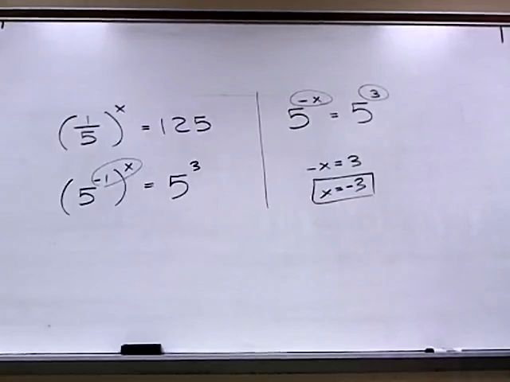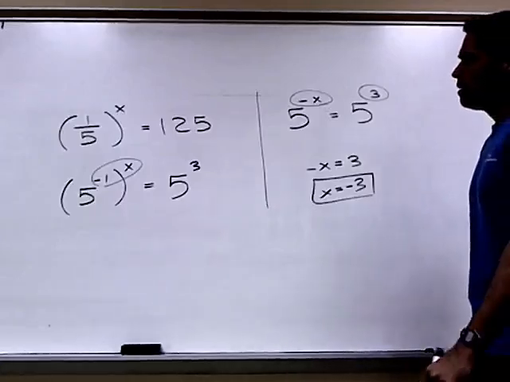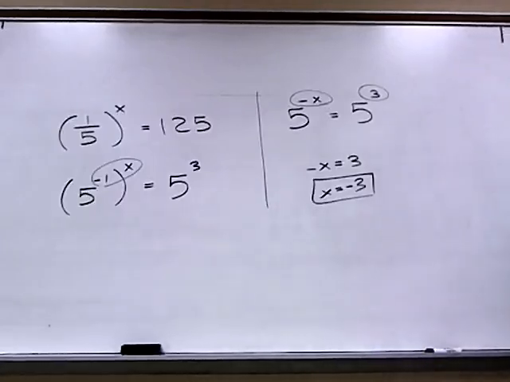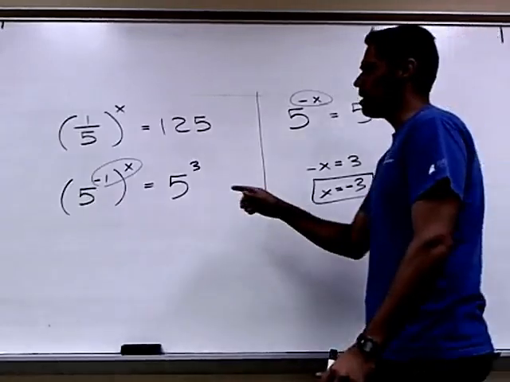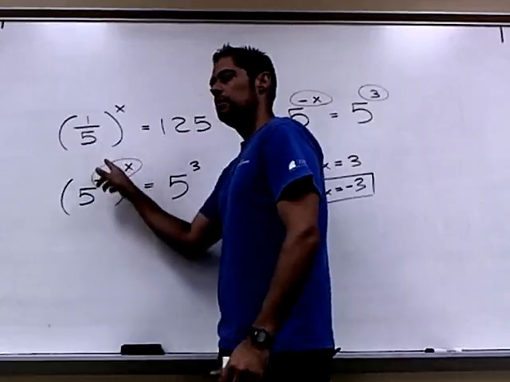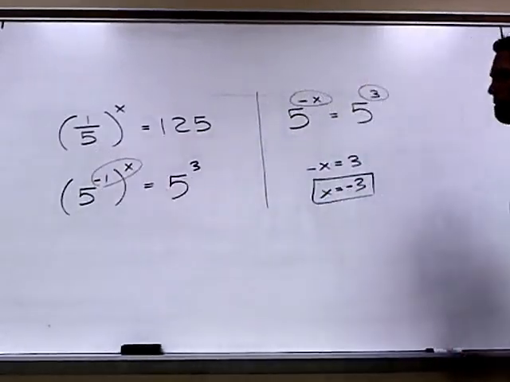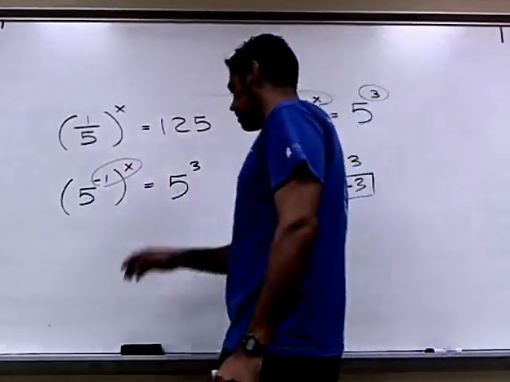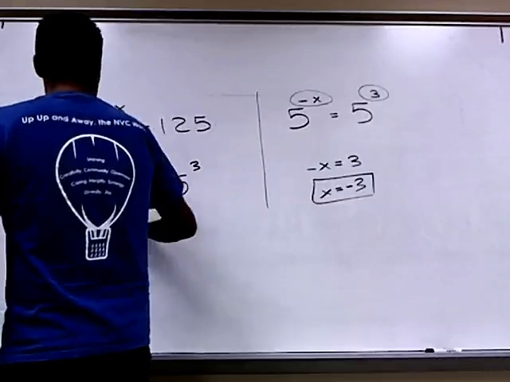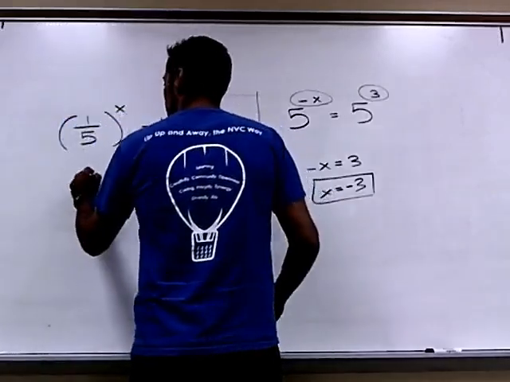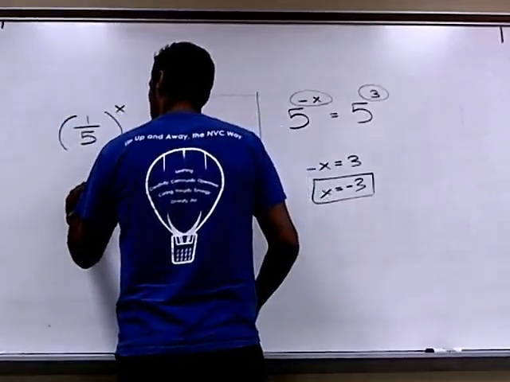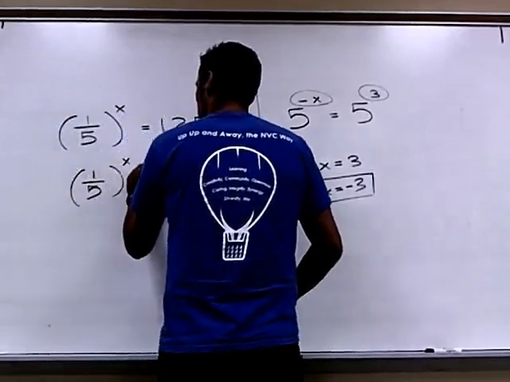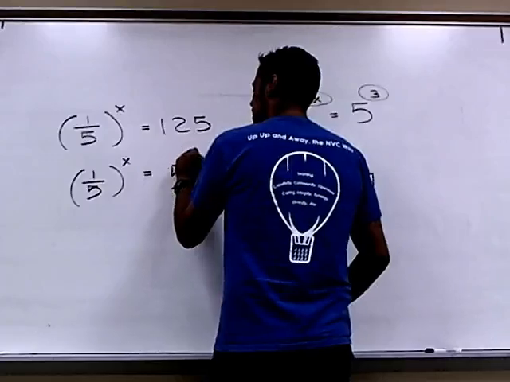Did you do it a different way? Yeah, but I didn't get the same answer. It's a little tricky, this part right here. Is there another way to do it? Let's see. What if I had left the left side alone and realized that the right side is 5 to the 3rd?